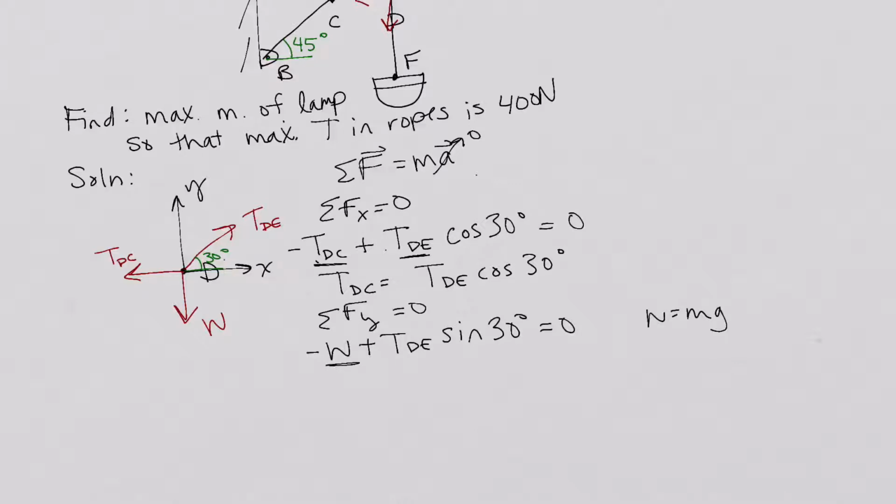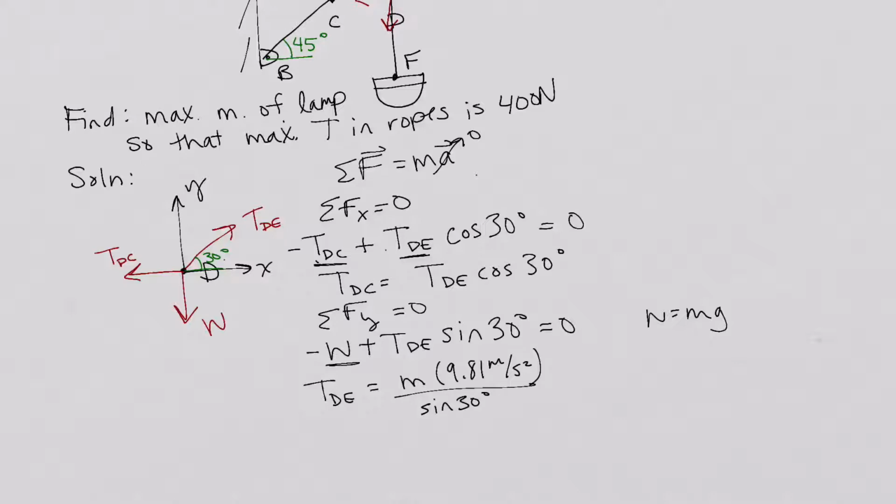So we have, let's see, TDE equals, I'm just going to move the weight to the other side, which is mass times gravity, 9.81 meters per second squared, and then divided by the sine of 30 degrees.